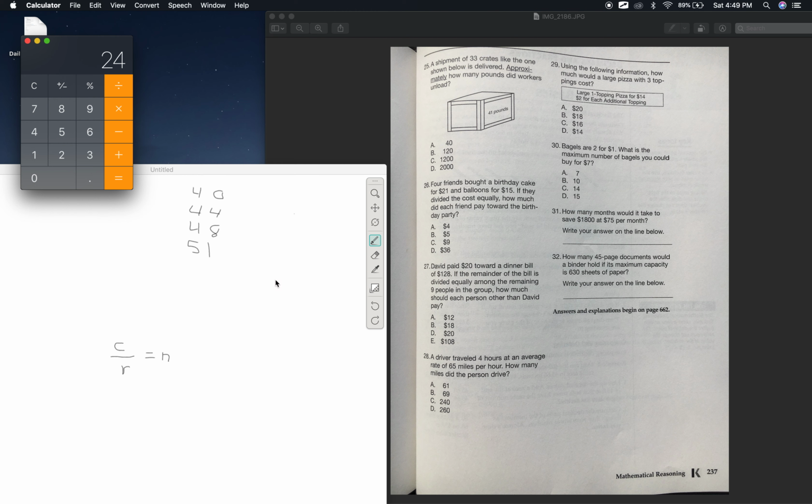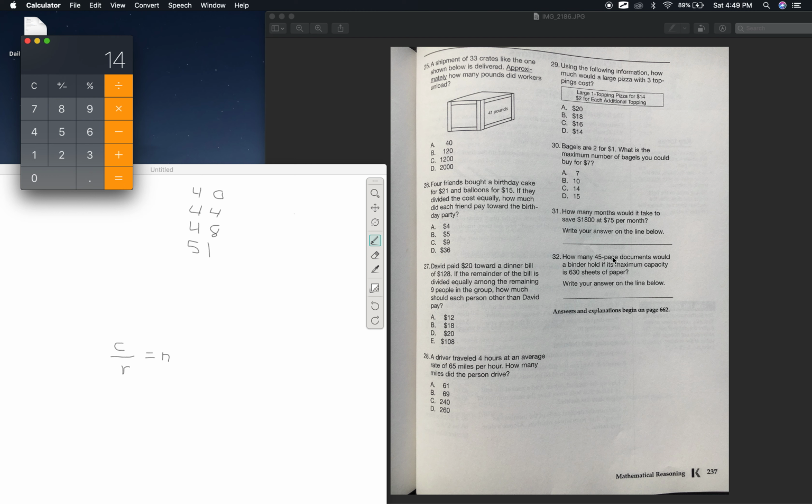It would be different if you didn't have the total number. If you had the other variable, then you would multiply this number, 45 pages, by the other variable to get the total amount. So that variable is 630 divided by 45 equals 14.